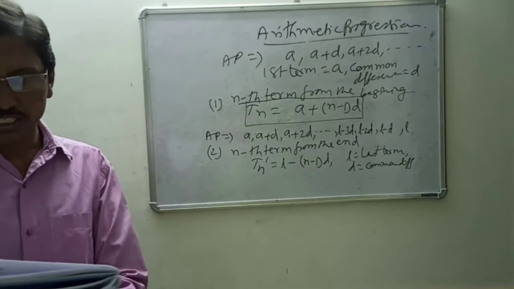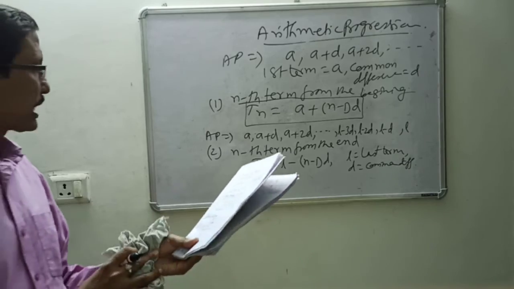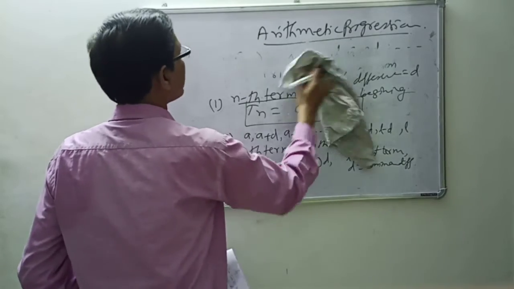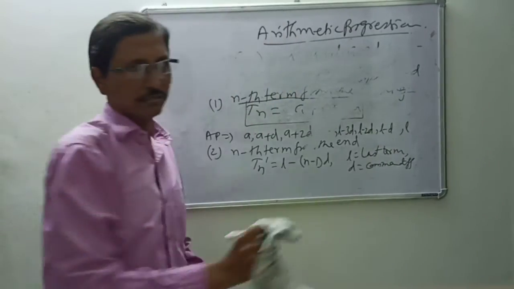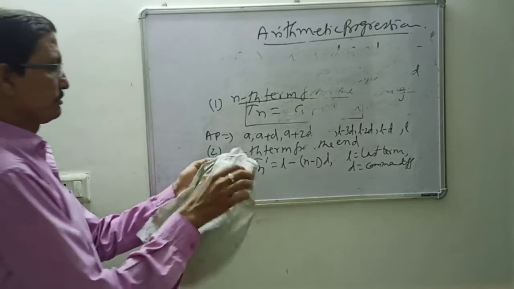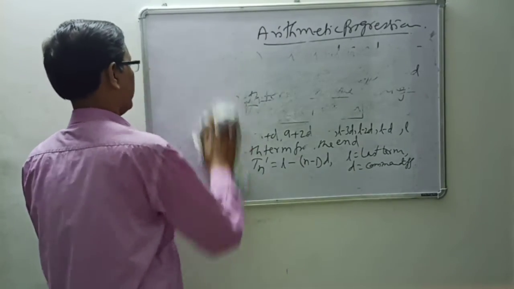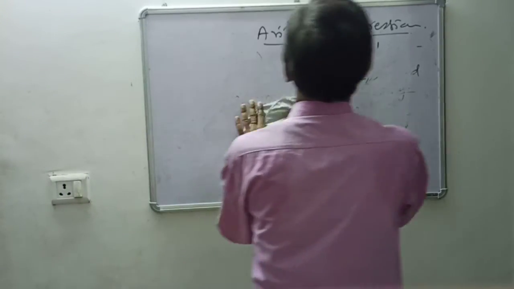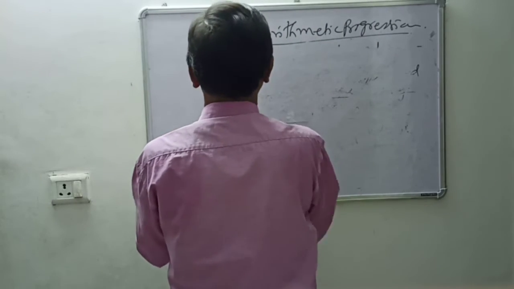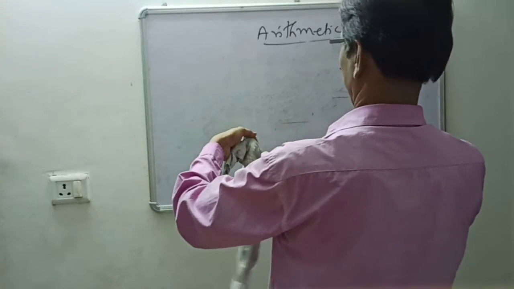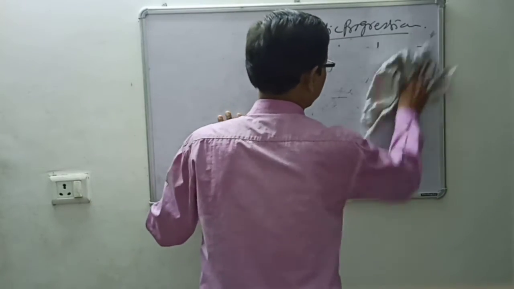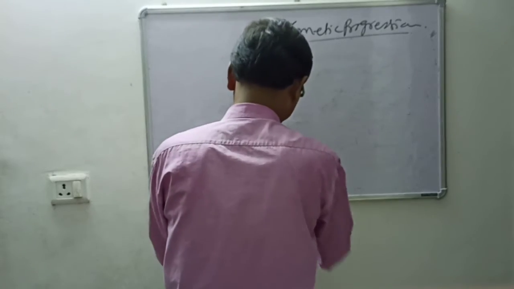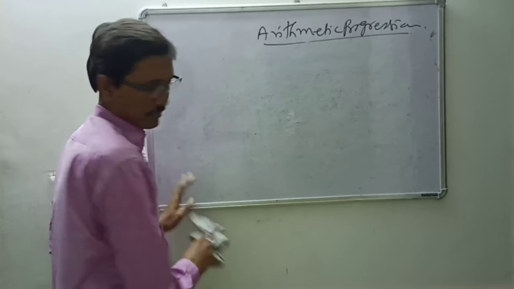One question we would like to discuss is a very important type of question you may get in the exam, where sometimes the number of terms has to be found.